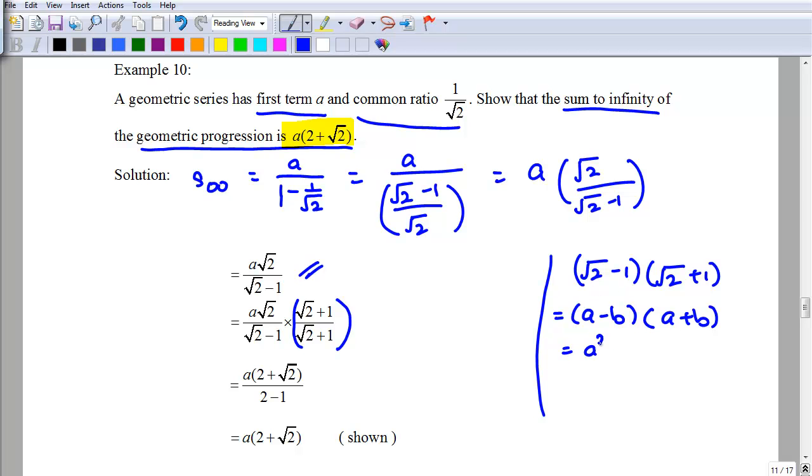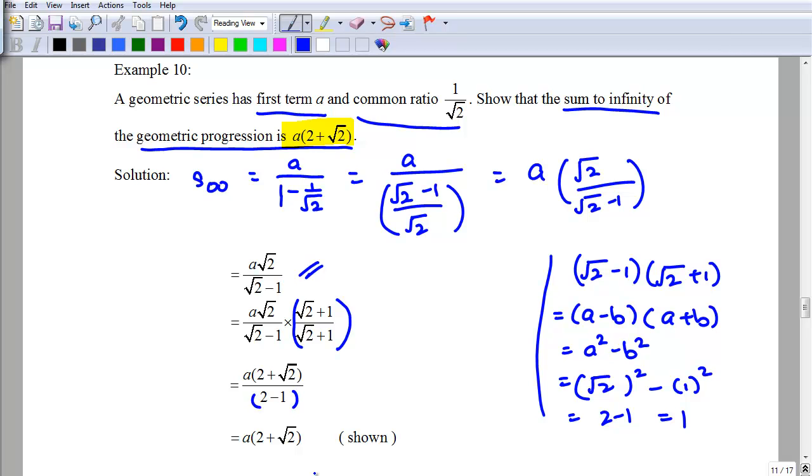And recall that is a squared minus b squared, and therefore is actually root 2 squared minus 1 squared. That is 2 minus 1, therefore is 1. So when we do that, in the denominator we'll end up with 2 minus 1.